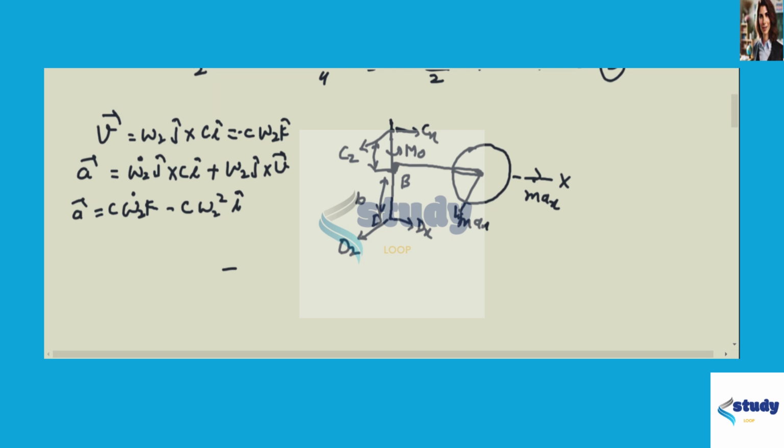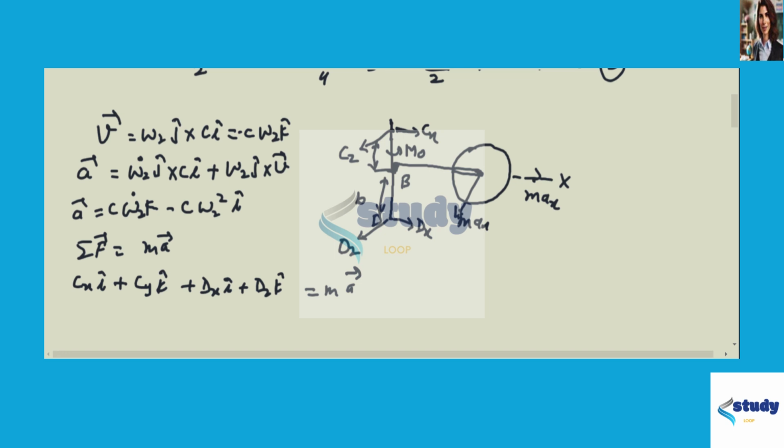Now summation of force is equal to mass into acceleration. So it can be written as C x i cap plus C z k cap plus D x i cap plus D z k cap is equal to mass into acceleration.